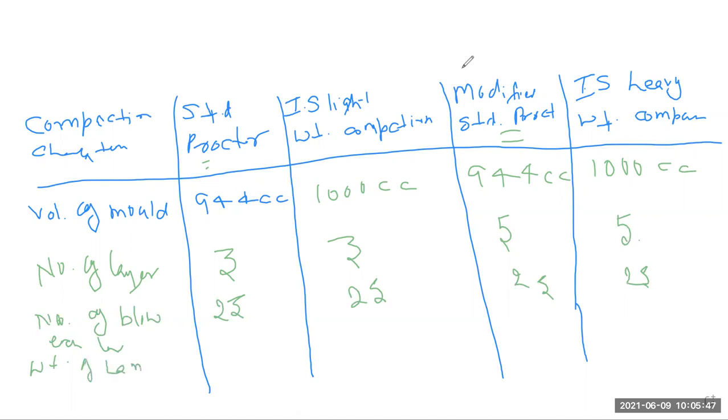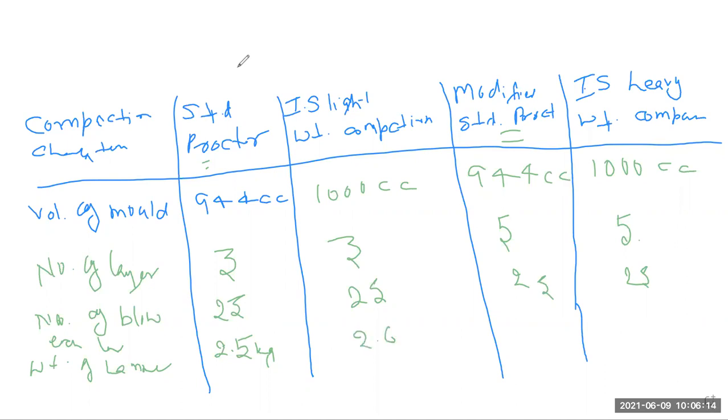The weight of hammer used here is 2.49, approximately 2.5 kg. So I can write here 2.5 kg for a standard Proctor.